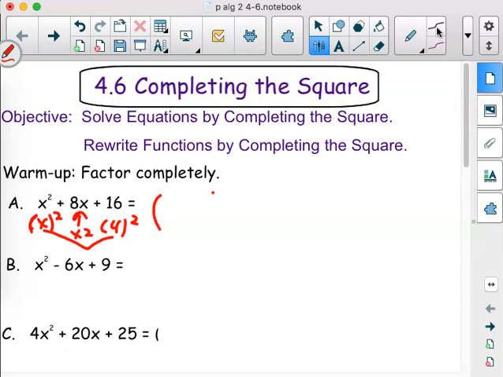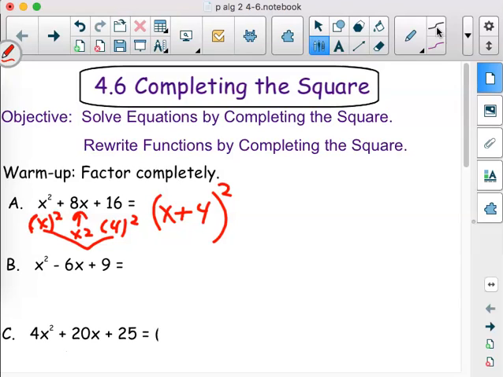So this can be written as one binomial squared, an x and a 4, and then we just look for the sign between the first and second terms, and in this case they're positive.